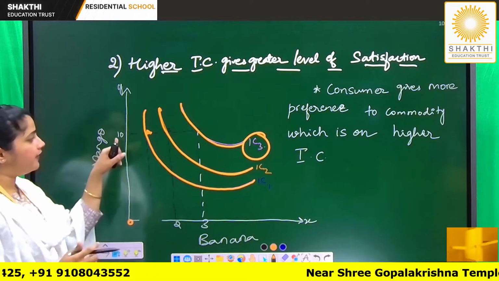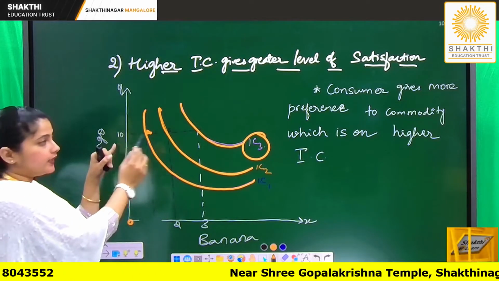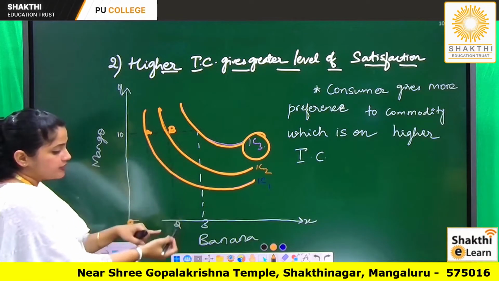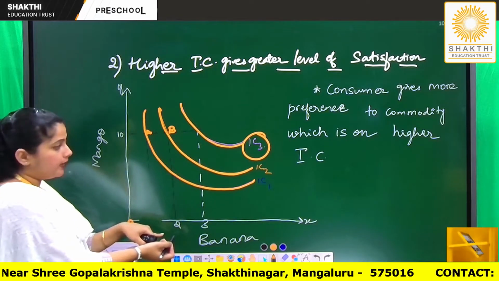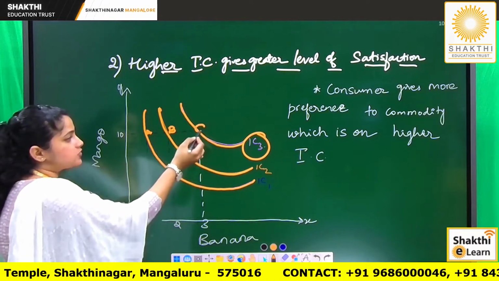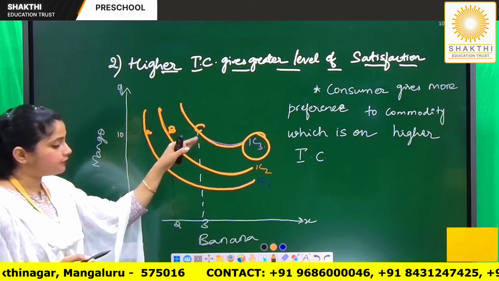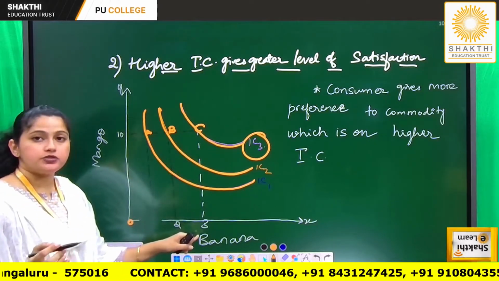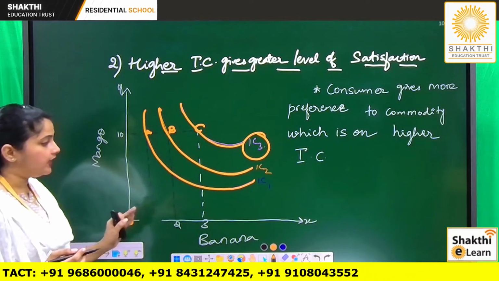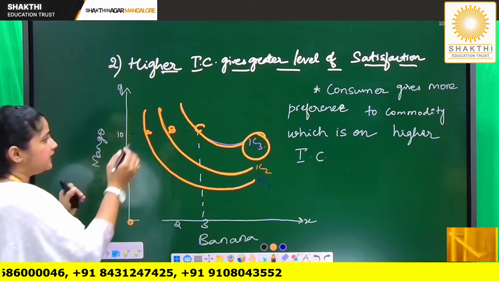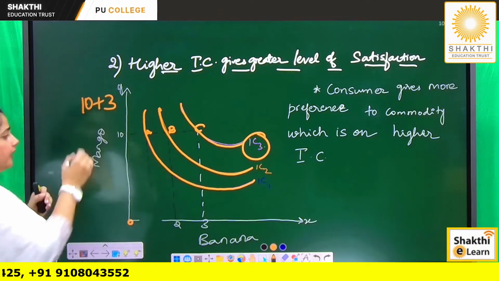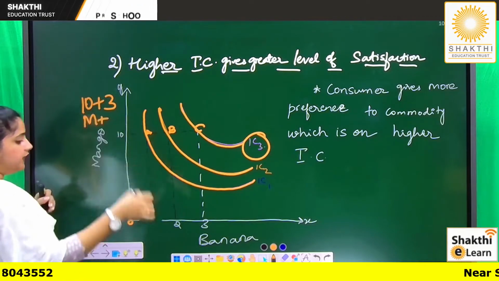Consumer B is going to have 10 units of mango and 2 units of banana. When we come to consumer C, he is going to have 10 units of mango and 3 units of banana. So in the graph, you can clearly see that consumer C has 10 mango and 3 bananas.